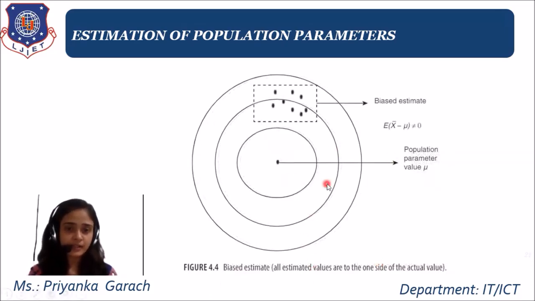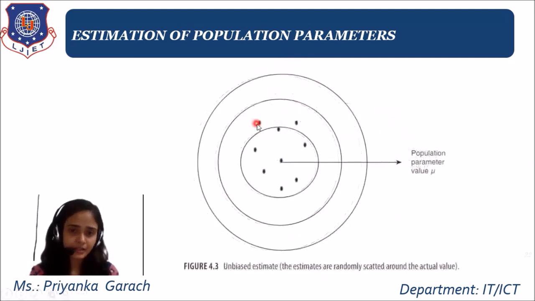The biased estimate is like this: this is my actual value, that is the population parameter value mu, and my estimated values lie over here. You can see that all the estimated values are on one side of the actual value, so they are not around the actual value. This is my biased estimate, and you can see that E of x bar minus mu is not equal to 0 for the biased estimate.